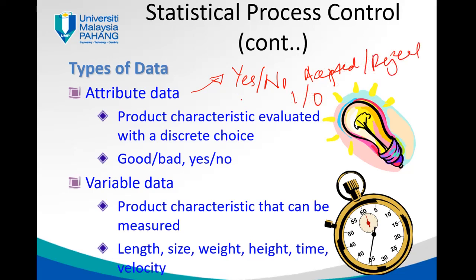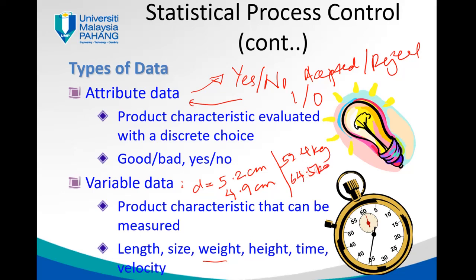While variable data is data that we measure, for example the diameter of the machine part that I gave as an example earlier, which might be 5.2 cm or 4.9 cm. The other example is weight, maybe 52.4 kg, 64.5 kg, and so on. So these are the variable data and these are the attribute data.